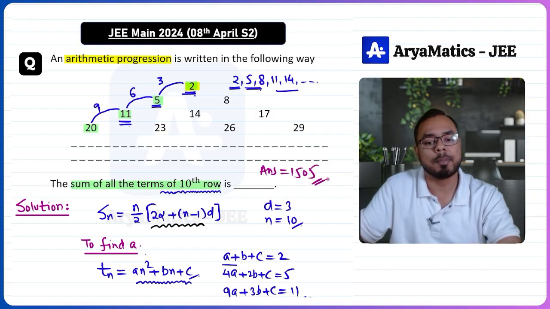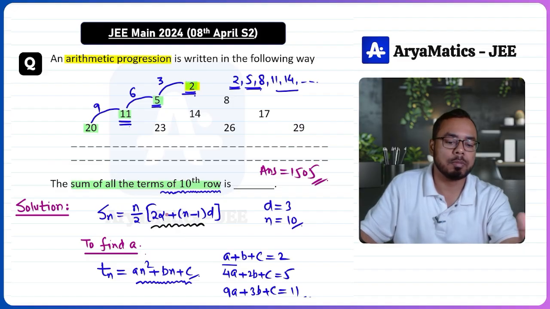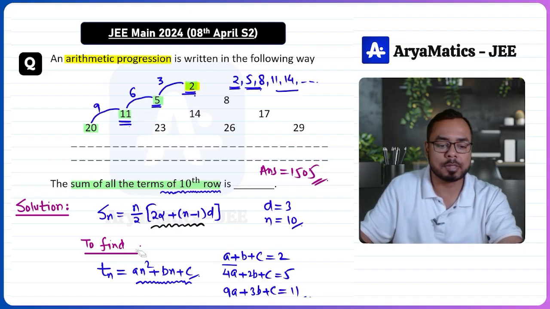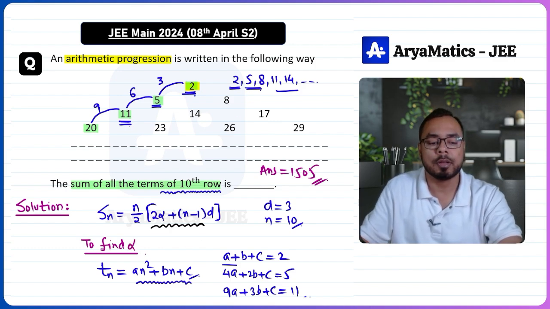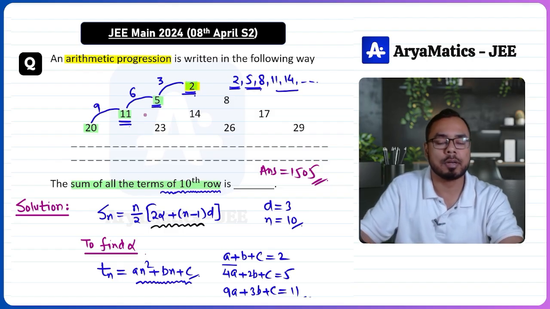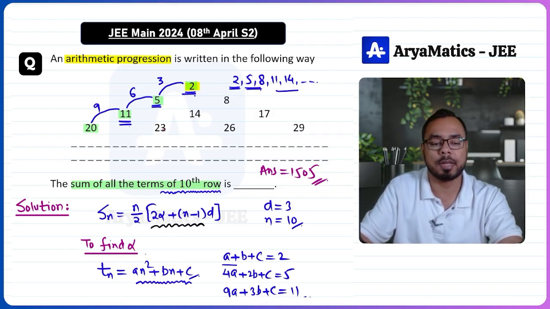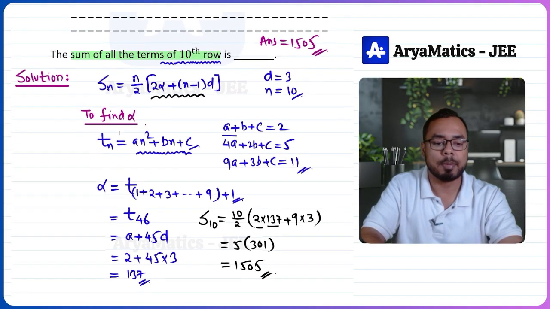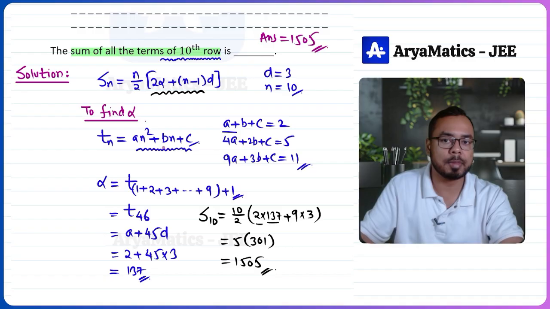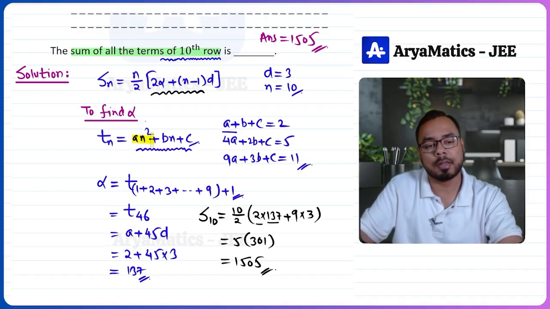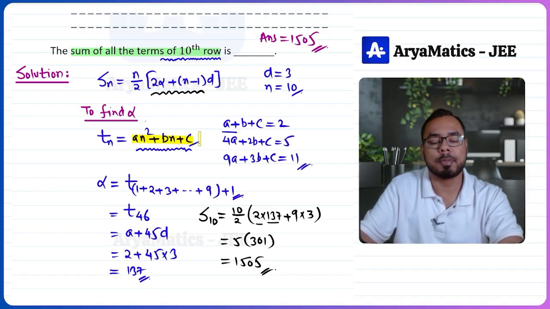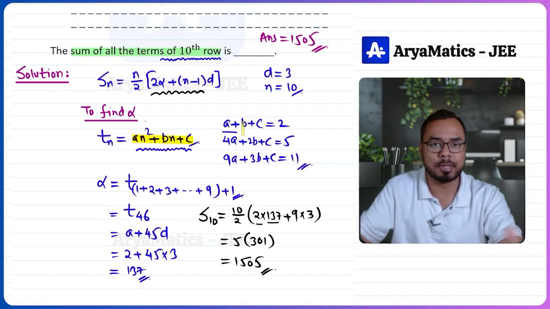In this problem, the important part was to find the first term a. The number of terms is 10 and the common difference is also 3. All we have to do is find the first element of the 10th row. One method is to take Tn as an square plus bn plus c, which gives three equations in three unknowns, and by solving these you get a, b, c.